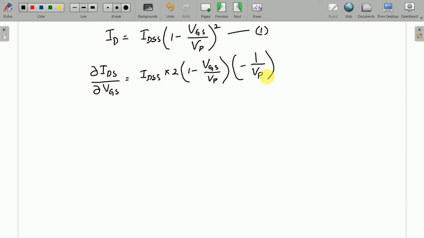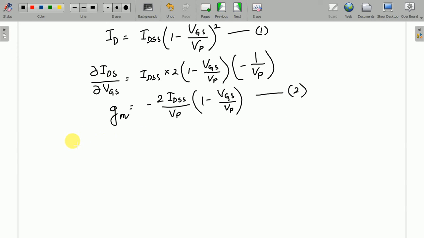We differentiated with respect to VGS. So this is nothing but equal to GM. GM is equal to minus 2 IDSS divided by VP multiplied by (1 minus VGS by VP). I am giving you this because there may be a few numericals based on this formula as well. Let me give this equation number 2.